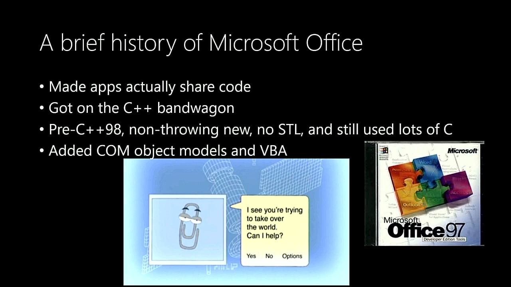One notable thing that did not happen with Office 97 is we did not ship Office 97 for Mac. The reason we did not do that is we were so embarrassed by our 6.0 experience that we decided we were just not going to do the same thing. We are not going to have a code base where everything is so perfectly portable everywhere that it sucks in its own way.